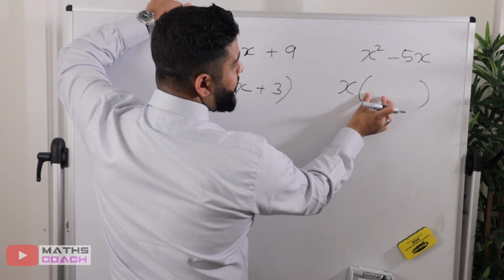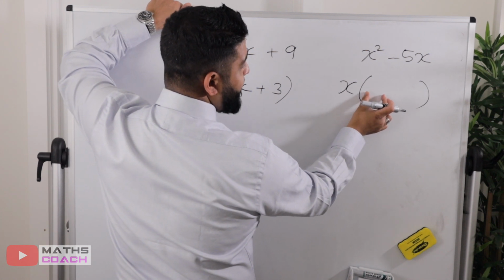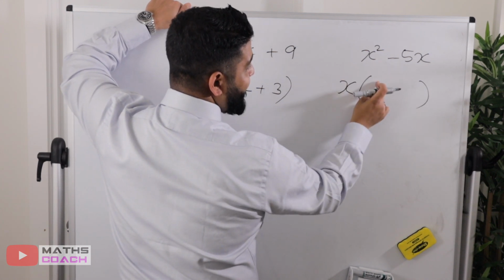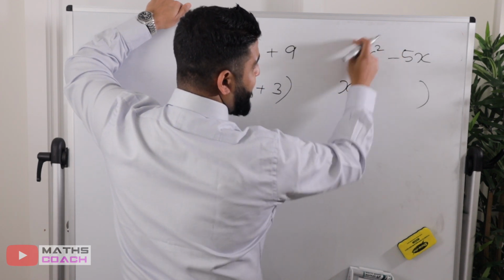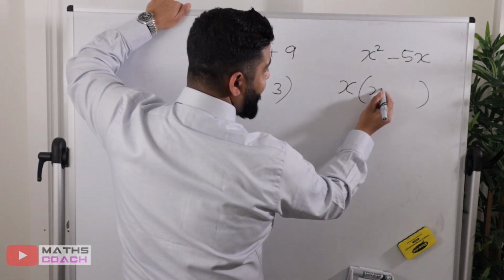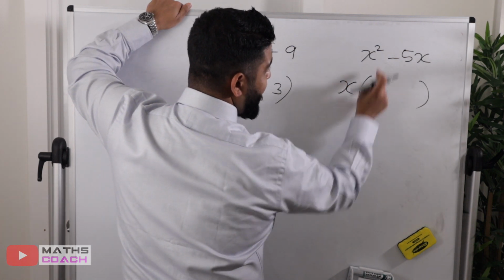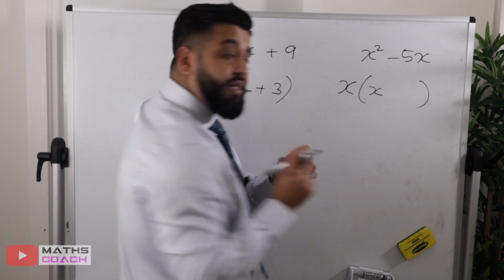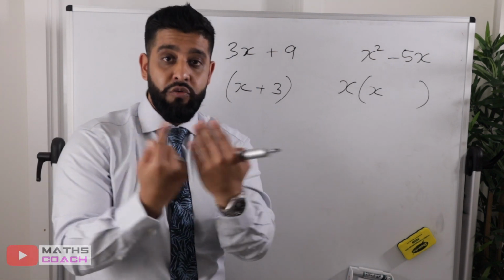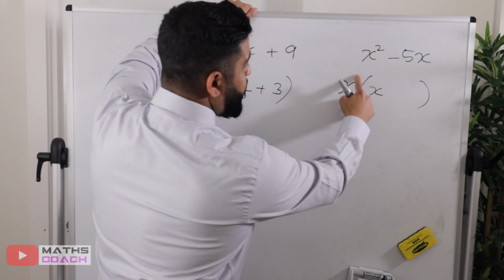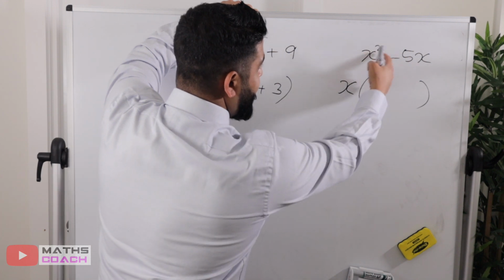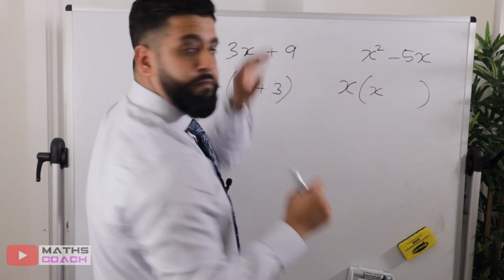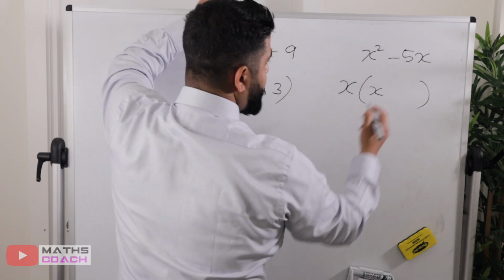So what do we have here? What we're going to put down here, because we want to have an x squared when this is multiplied with whatever's there. We want to have this value here. So if we write an x here, we'll do x times x, which is x squared. Now remember I said to you just earlier on about the rules of indices. The power here is 1 and the power here is 1. So you will add the 1 and the 1 and that's how you get x squared. Okay? Right, moving on to this one.